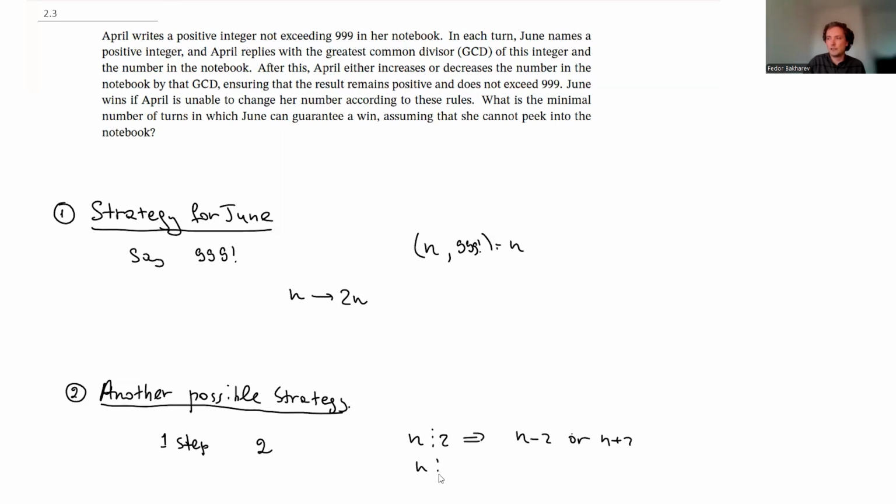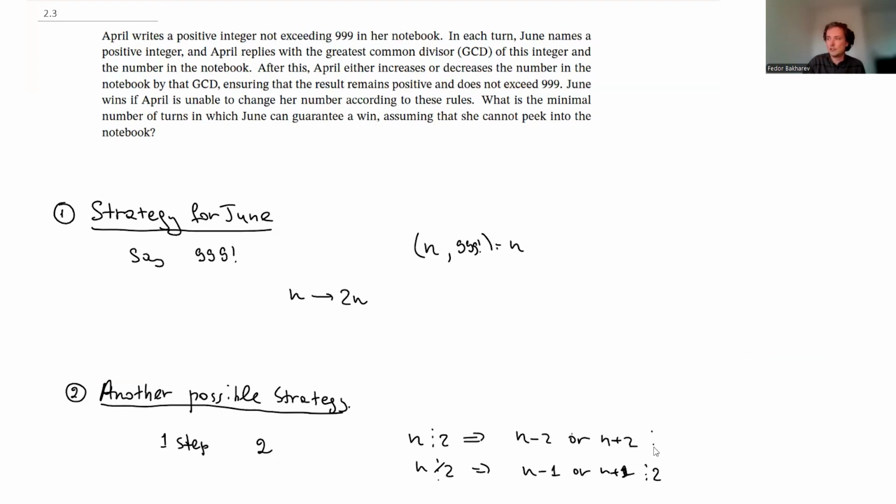If n is not divisible by 2, then she will get n minus 1 or n plus 1, and both these numbers will be divisible by 2 in this case.